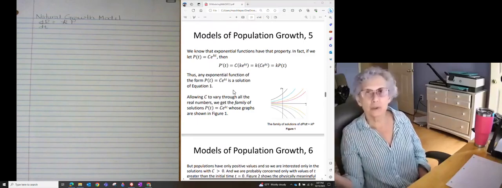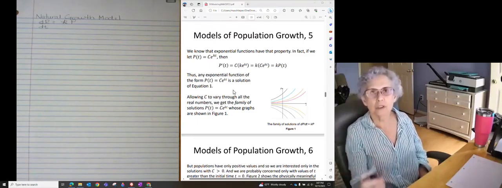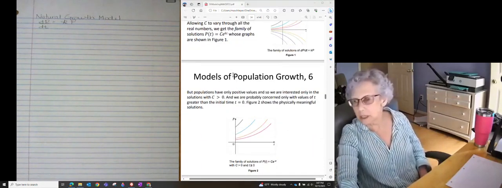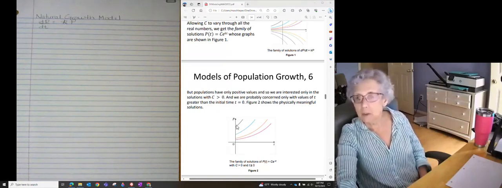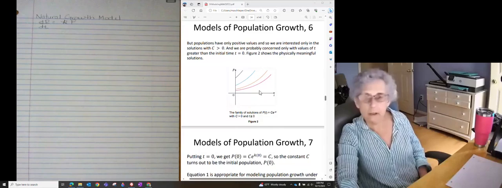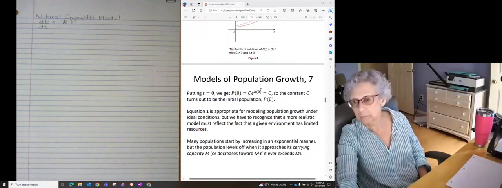And we will show you how to solve that differential equation in the next couple of sections. And because we don't really go back in time and we don't have negative populations, we can really just look at it there in quadrant 1.